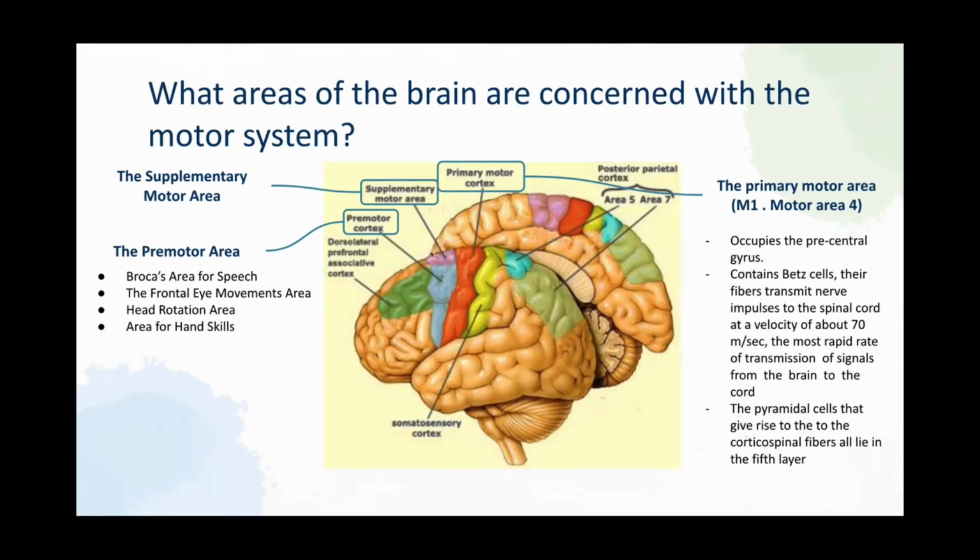We also have the supplementary motor area, anterior to the primary motor area and medial to the premotor cortex. Here we have the premotor cortex. The premotor cortex has very important structures like Broca's area for speech. I don't know if you took the speech lecture yet, but Broca's area is very important for speech and it formulates the speech.